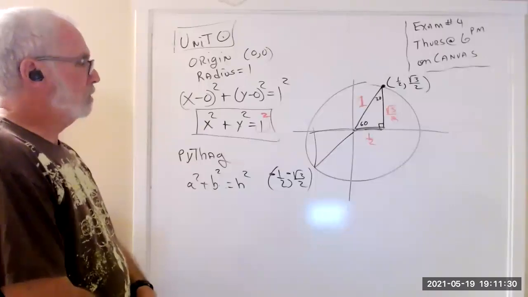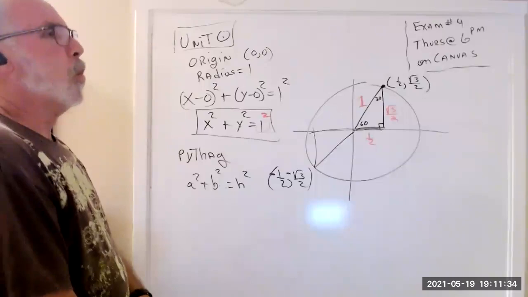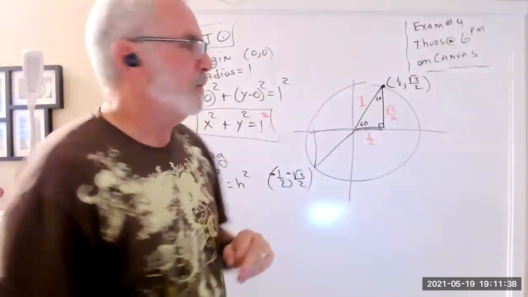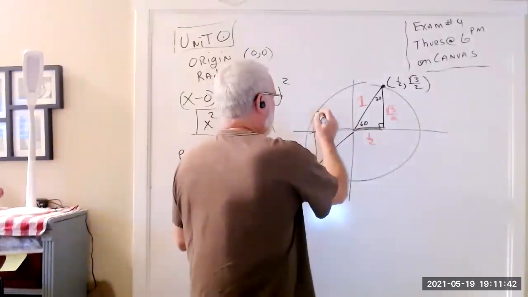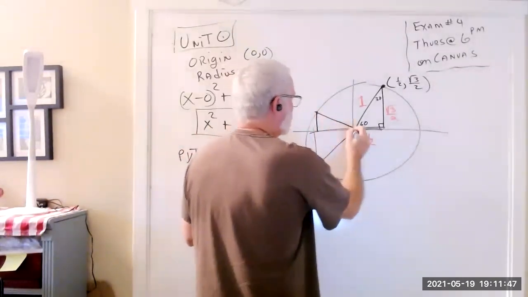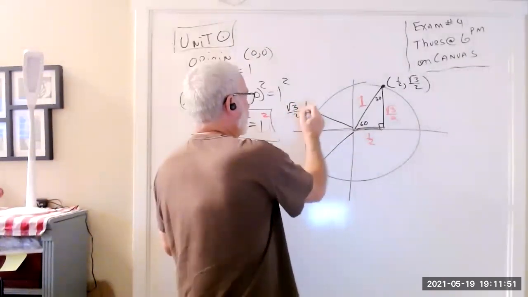So each quadrant will only have two triangles in them, right? Well, actually, it'll have three that we think of, because if you lay the 30, 60, 90 down on its side differently, this could be the square root of 3/2, 1/2.